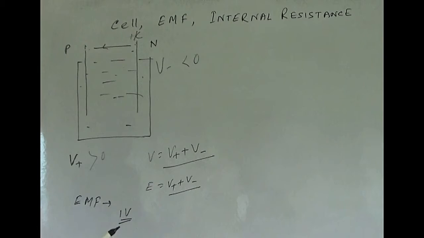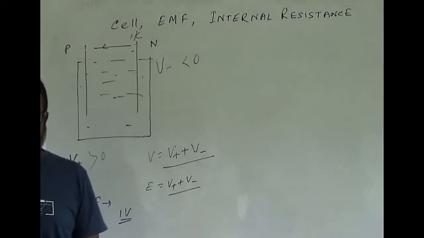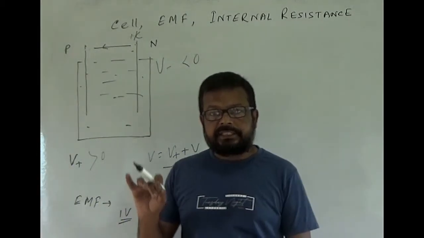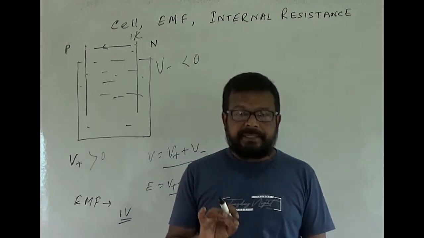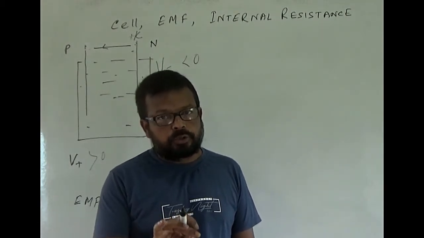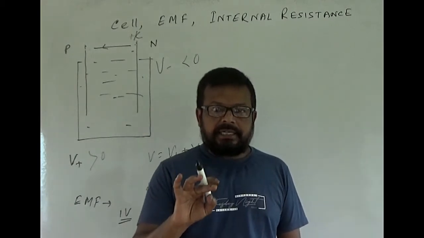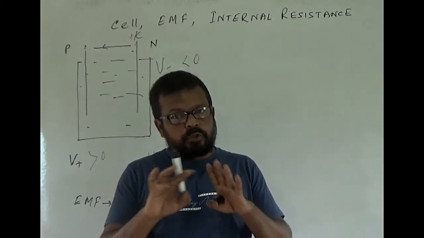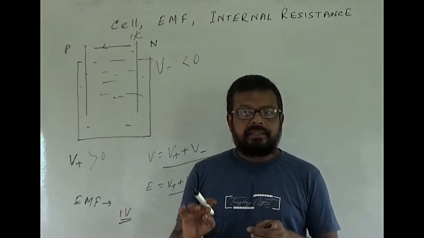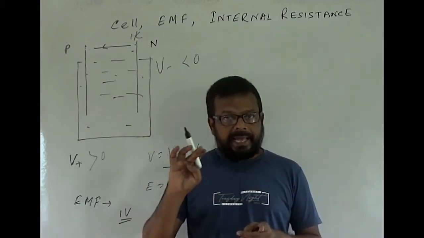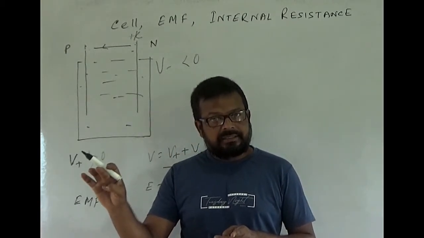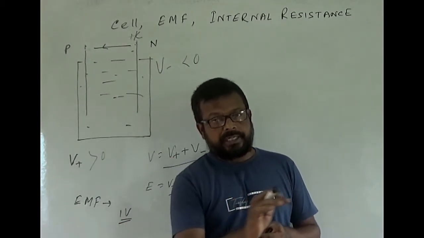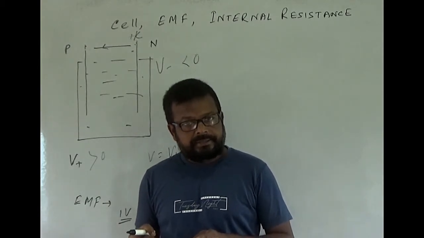Now, what do you mean by terminal voltage, or terminal potential difference, of a cell? Terminal potential difference of a cell is defined as the potential difference between the two terminals in a closed circuit. When the cell is connected to an external circuit and the total circuit is completed, then there will be a current flowing through the external circuit as well as through the electrolyte, right?